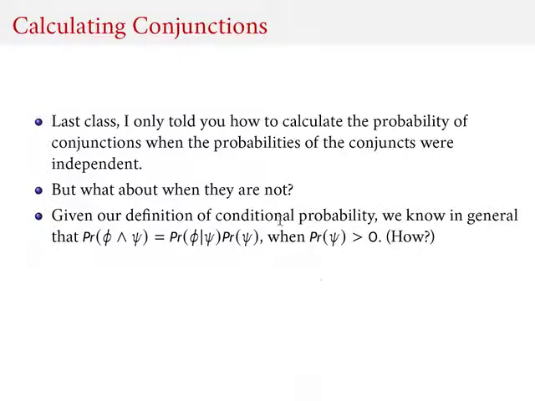Now, we do have to suppose that the probability of psi is greater than 0 to be able to apply this. But nonetheless, this way of calculating conjunctions applies whether or not phi is independent of psi. This is a way of calculating the probability of any conjunction, so long as psi has a greater than 0 probability.